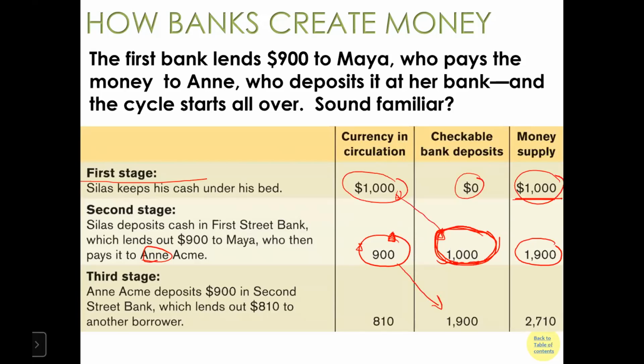Now go to the third row. Now we have two deposits: 1,000 from Silas, and another 900 from N. So this is 1,900, two deposits, one from Silas and the other from N.